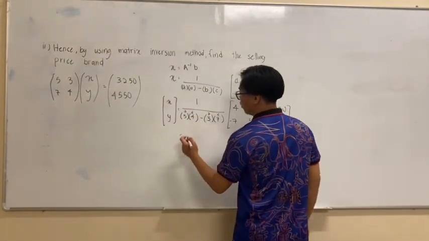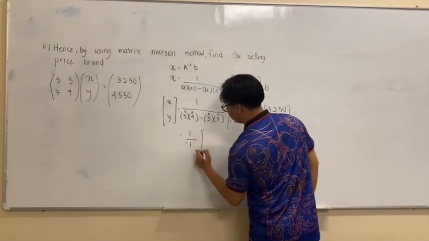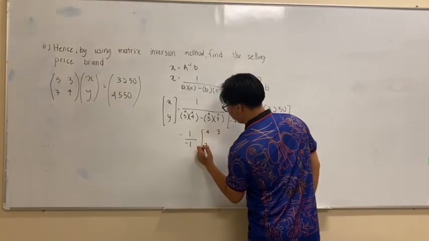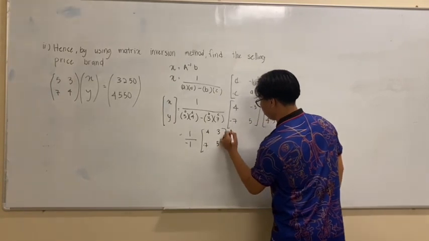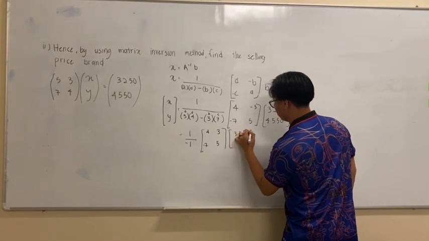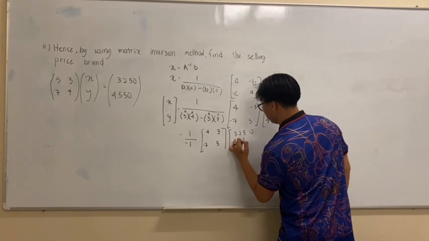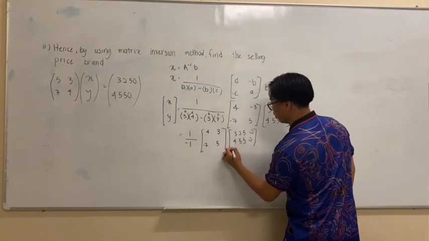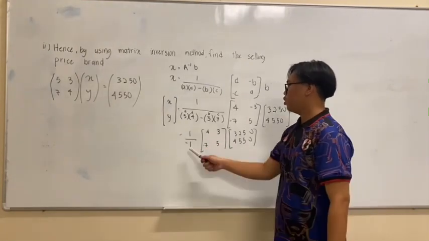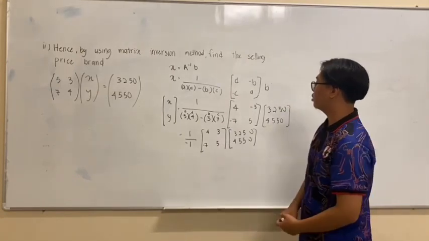For this, we get 1 over minus 1, and we need to multiply it with all the numbers in this bracket.